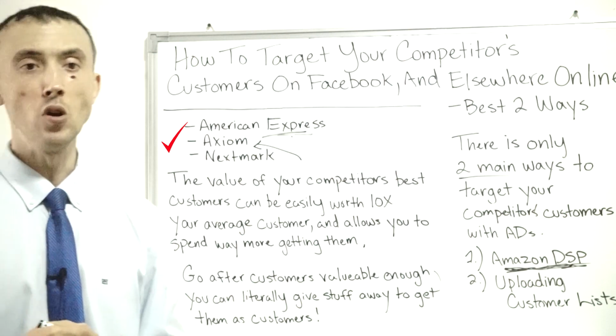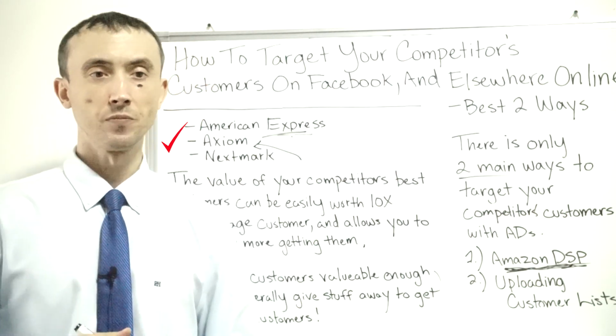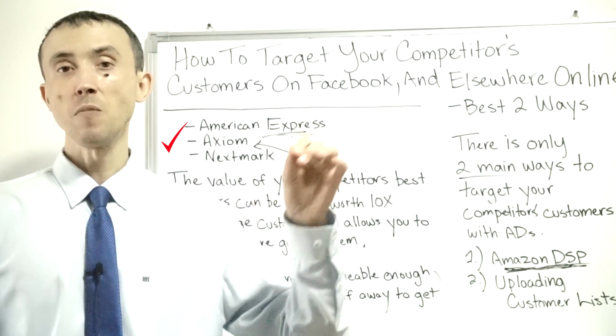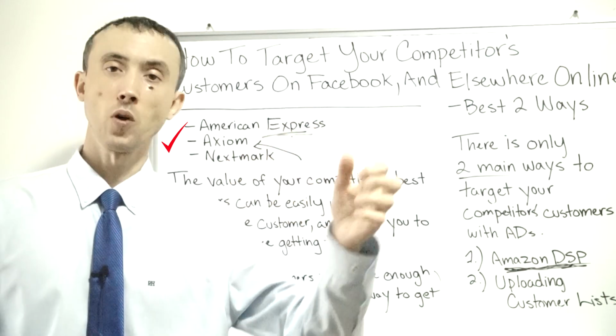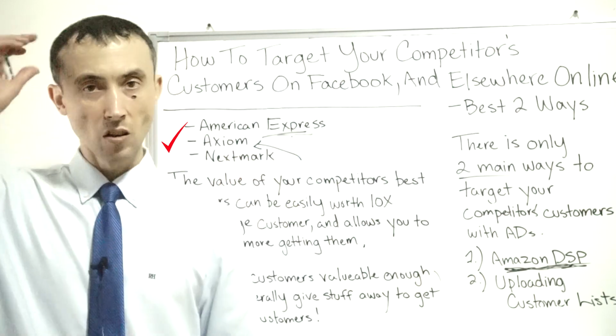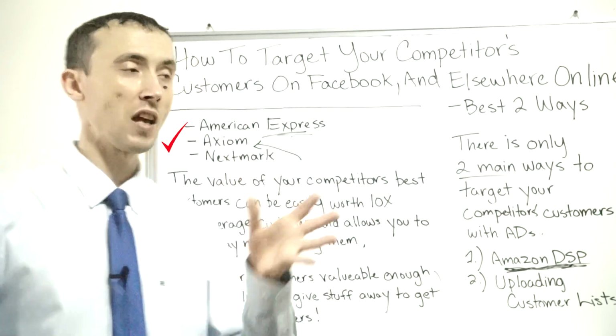They price this data based upon the value of it. If you want people who like to buy luxury vacation rentals, that email list they know is worth more than somebody who likes to buy kitchen supplies or whatever, as a whole. So just know that going in.